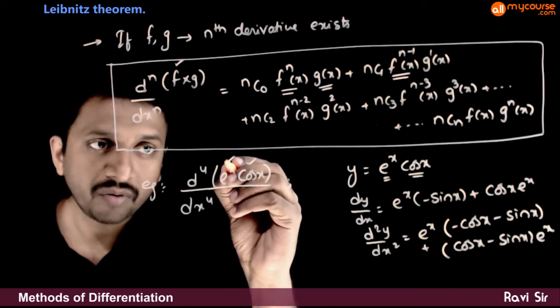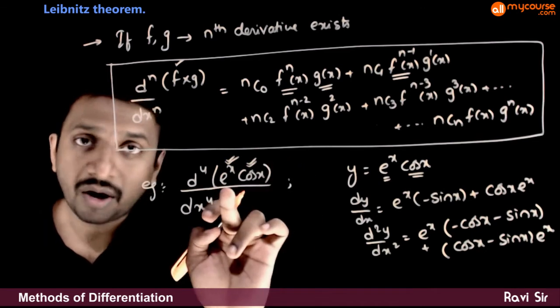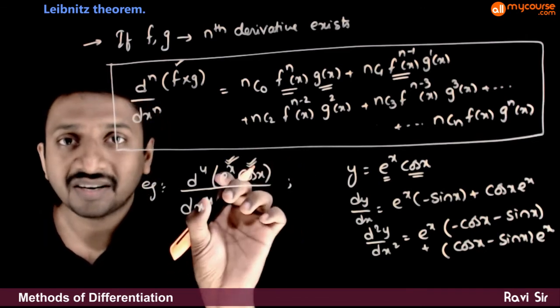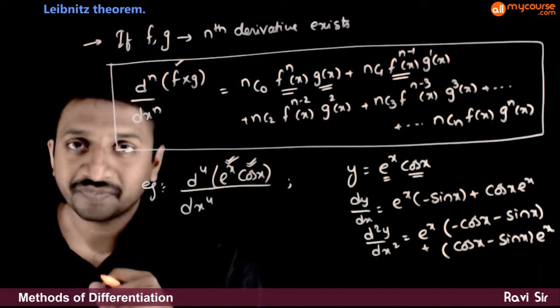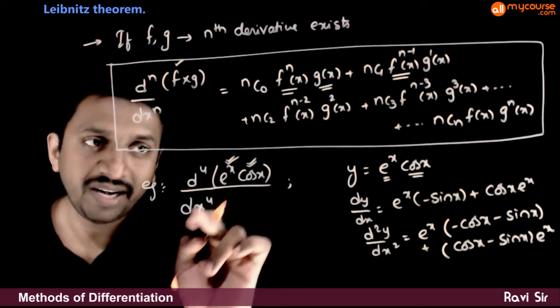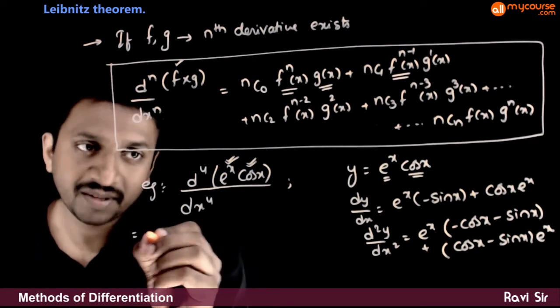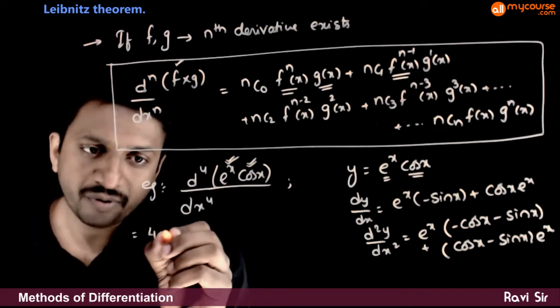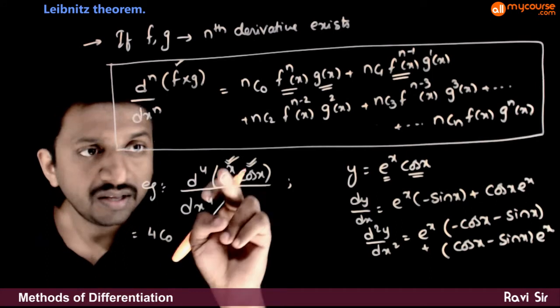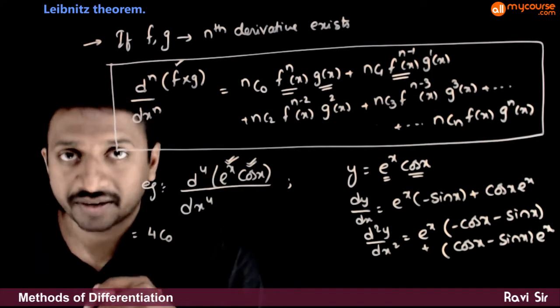In Leibniz theorem, we can think of these two differentiations separately. So d^4 by dx^4 of e^x cos x is nothing but 4C0 into the fourth differentiation of e^x.